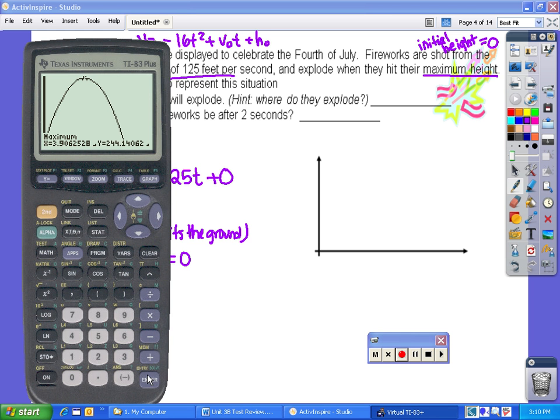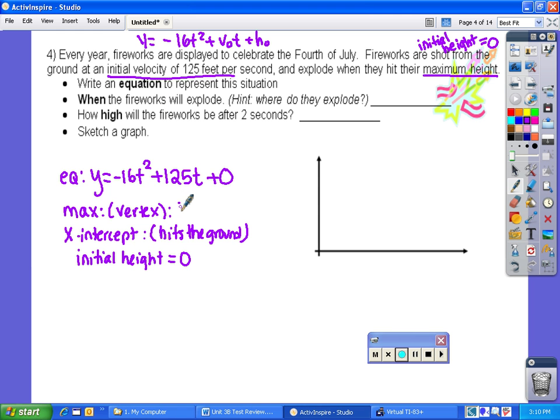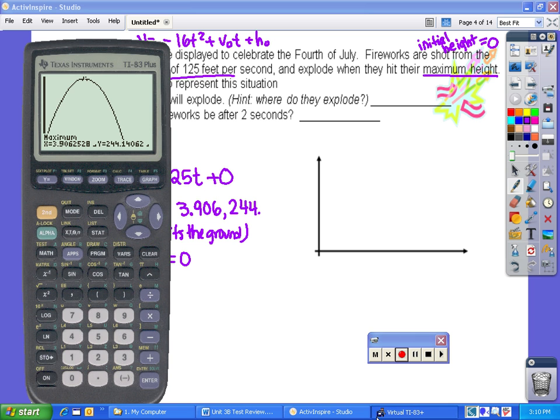And the vertex is at 3.906 and 244.141, because that's a 6 there. 141. If you put 140, that's fine. So 3.906 and 244.141.